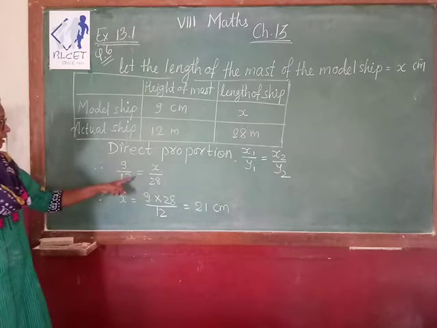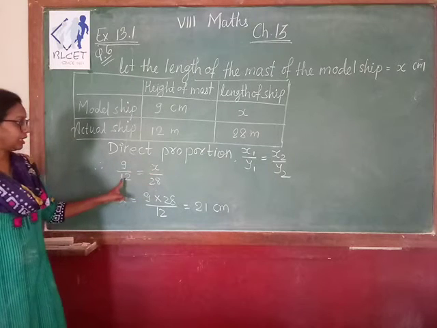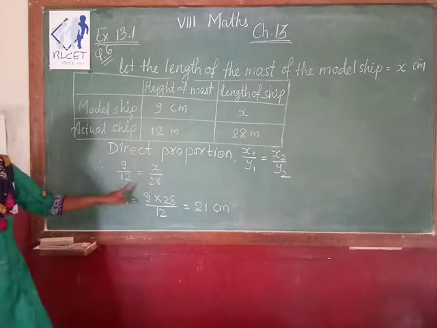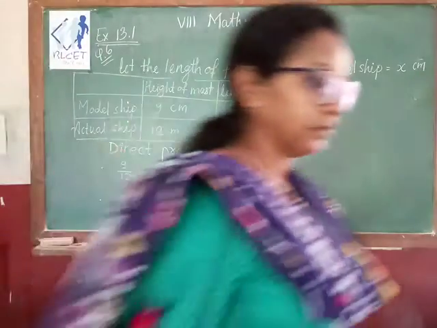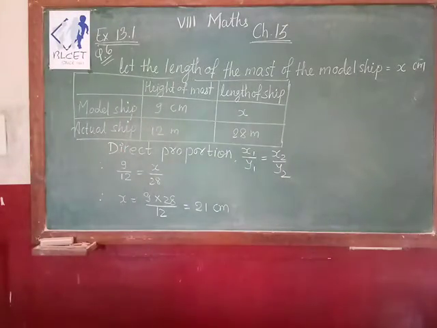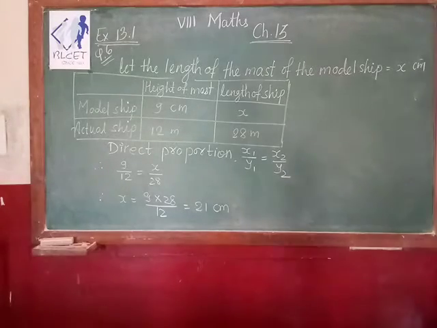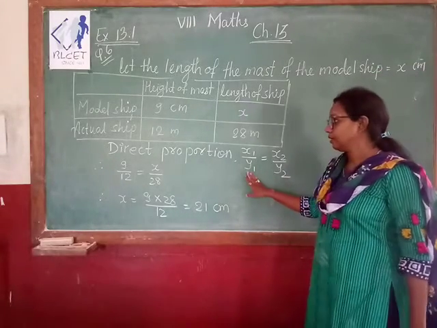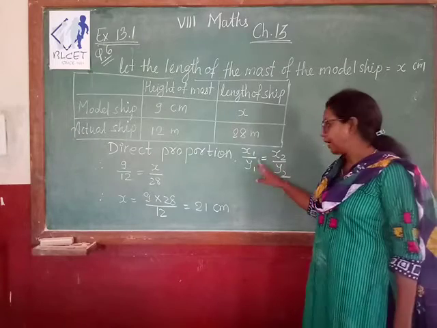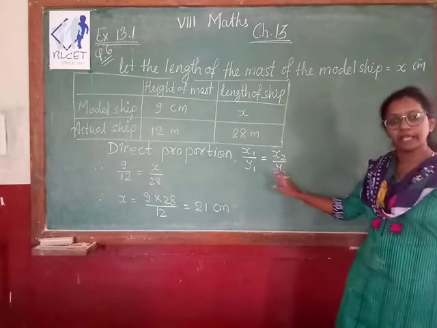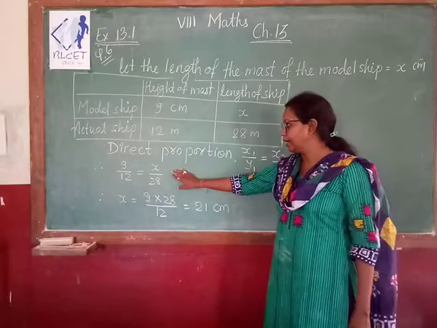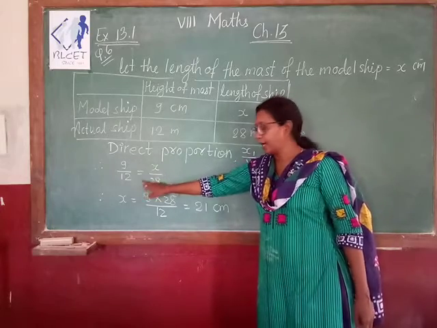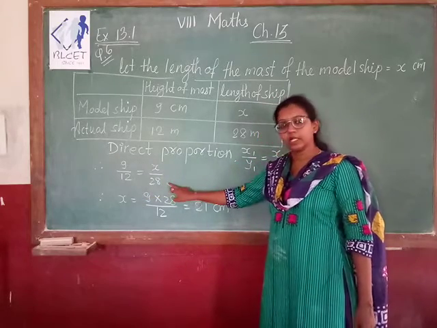Now we will substitute the values. Whatever values are assigned to x1, y1, x2, y2, we have to substitute in the formula. So that is 9 divided by 12 is equal to x divided by 28.